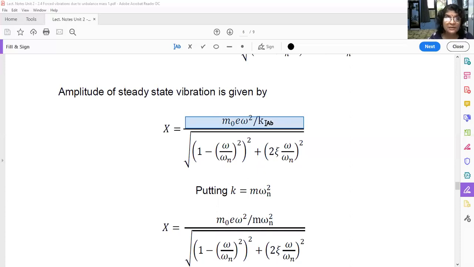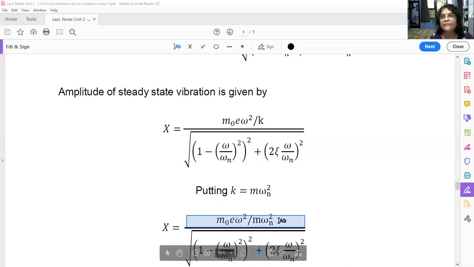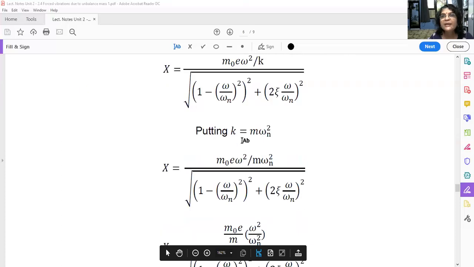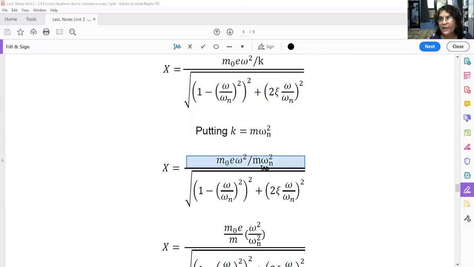If you consider the natural frequency of the system, it is given by omega n is equal to square root of K upon m. Therefore, omega n square is equal to K upon m. So what is K then? m omega n square. So put the value of K here, m omega n square. Okay. So putting K is equal to m omega n square, capital X is equal to m0 e omega square upon m omega n square upon the whole square root.